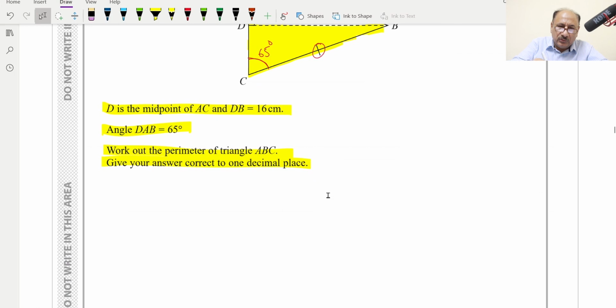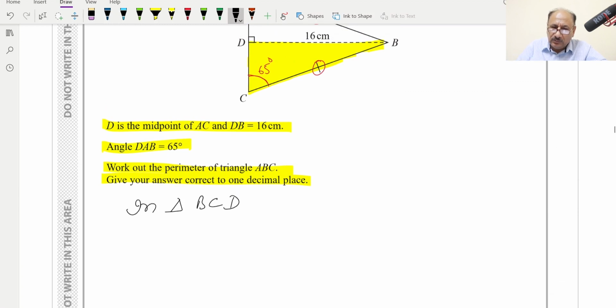To find the length of the side, we will be considering this triangle BCD. So we can write in triangle BCD, DB over BC is equal to sine of 65 degrees. Opposite over hypotenuse.